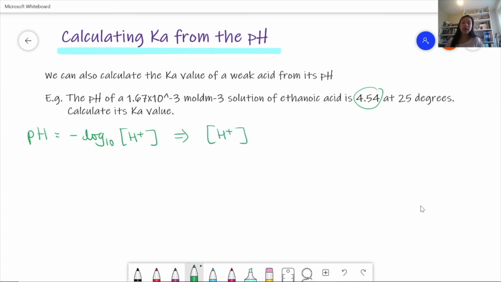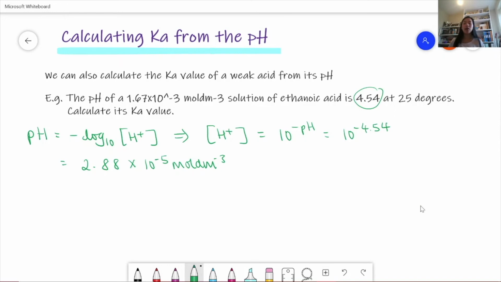concentration of H plus ions is equal to 10 to the power of minus pH. And in this case, it's equal to 10 to the power of minus 4.54. And that gives us 2.88 times 10 to the minus 5 moles per decimeters cubed.